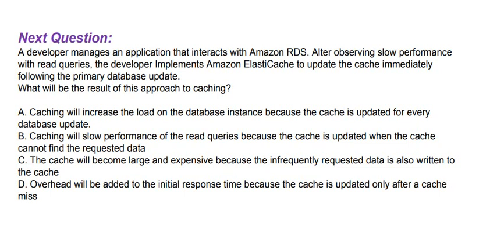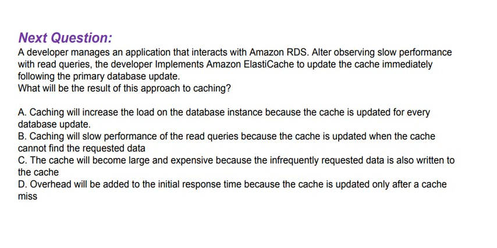Option A. Caching will increase the load on the database instance because the cache is updated for every database update. Option B. Caching will slow performance of the read queries because the cache is updated when the cache cannot find the requested data.